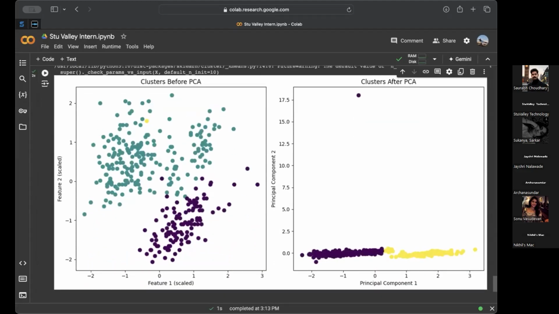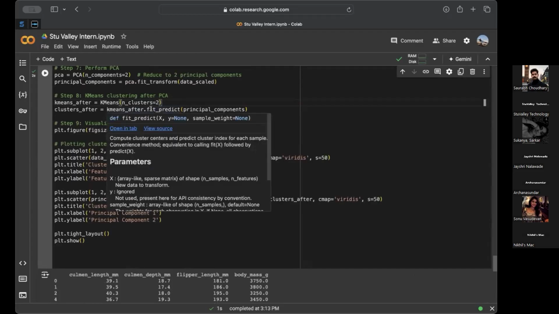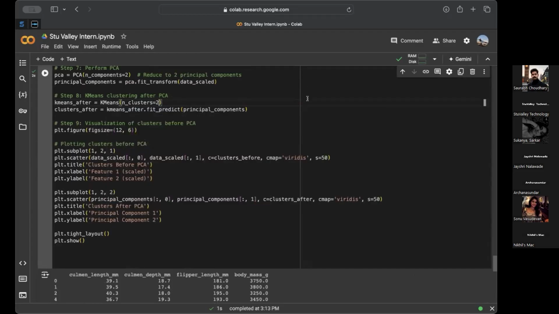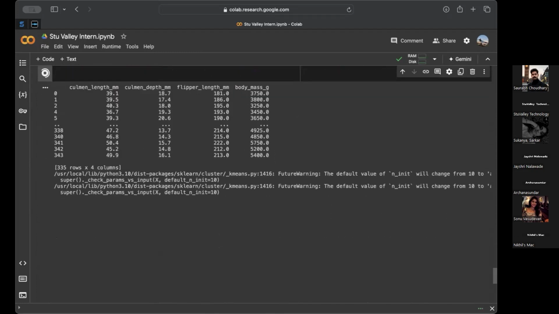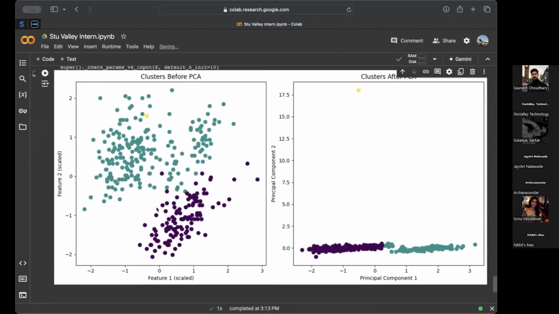Wait, where is it? How is it making that cluster centroid? Okay, go down. So the main summary is that after doing PCA, it becomes very clear, and you can easily classify the clusters.